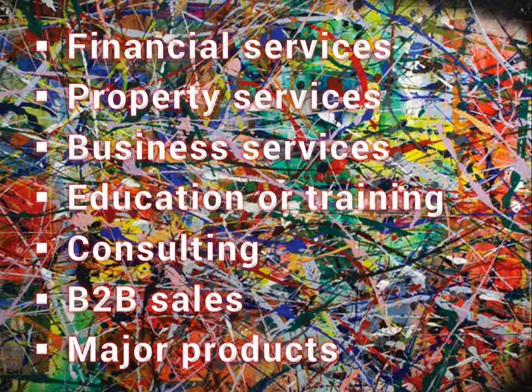And by complex, I mean industries such as financial services, property services, business services, educational training, consulting, B2B sales, major product sales, or any industry where you have a lead to sales conversion process and where the buying process requires research and consideration as opposed to an impulse buying situation.